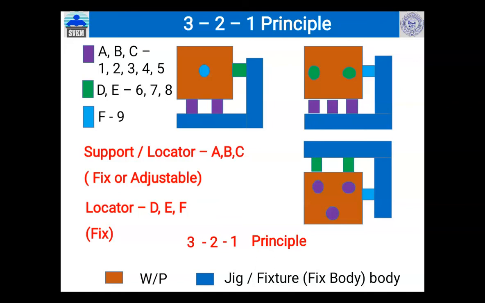So for jig and fixture, we require these two elements, and to control the remaining 3 degrees of freedom, we require a clamping element.